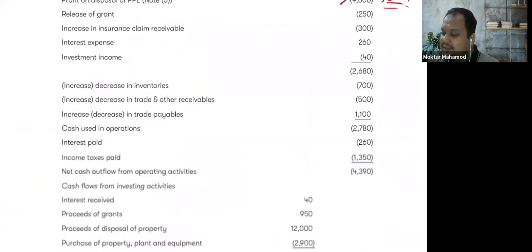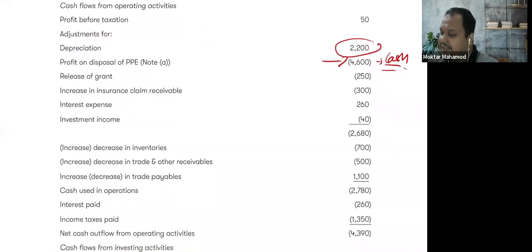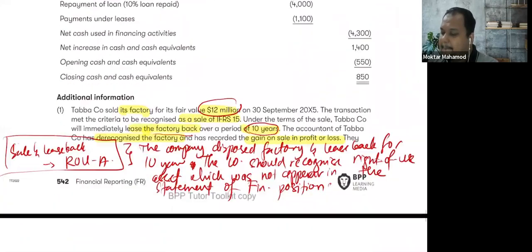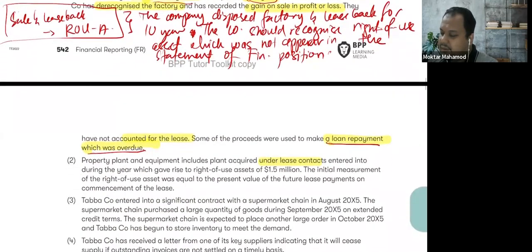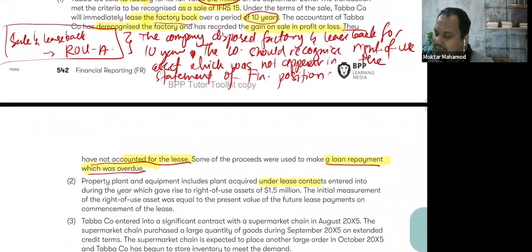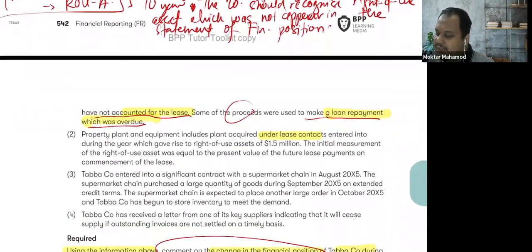A sale like this, for example, whatever triggers the profit on PPE is already related here. Below, it turns out there is: they have not accounted for the lease, some of the proceeds were used to make loan repayment which was overdue.